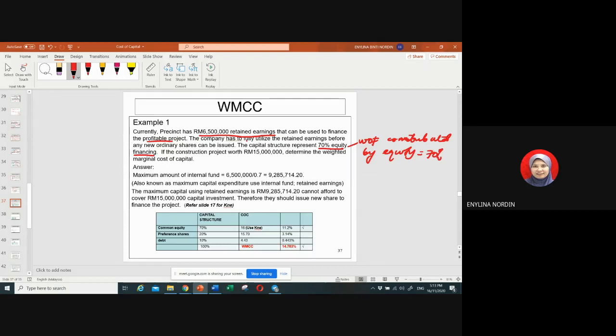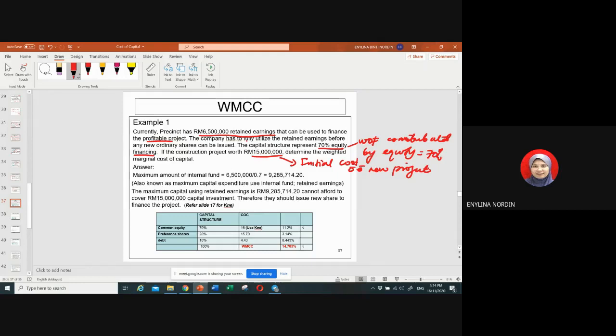The rest is by other components such as preference shares and debts. Now, the construction project is worth 15 million, so this is actually the initial cost of the new project or investment. Determine the weighted marginal cost of capital.